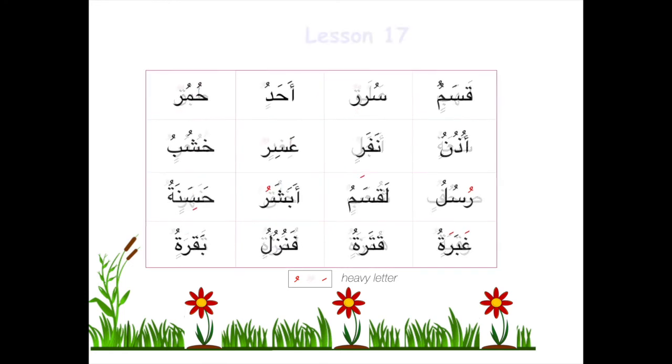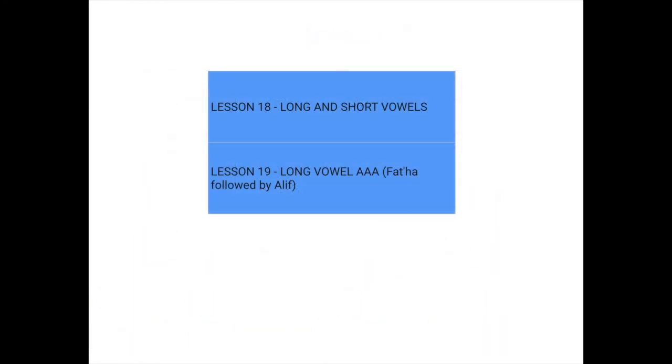And then lesson number 17 was the dhammatan, so qa, sa, mun, su, ru, run, a, ha, dun, hu, mu, run, and so on.